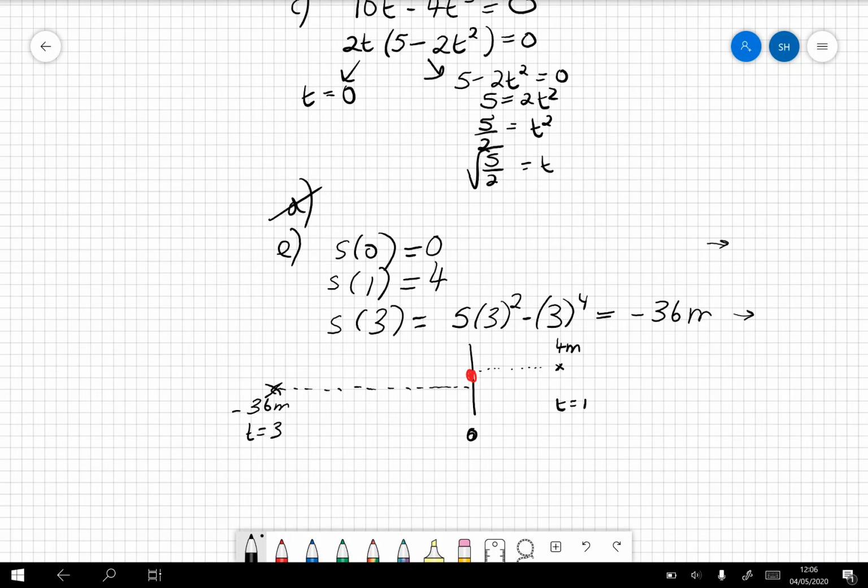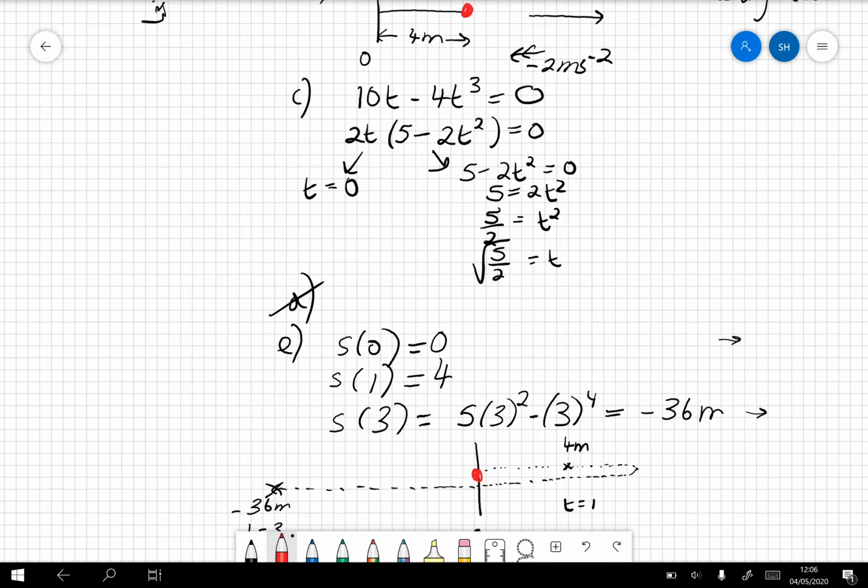And what I really need to think about is how far the particle went before it turns around. Then I'll know how far I've gone overall. That might seem like a lot of work, but we actually already know when it turns around. That is what we did in this question. Because if it reaches a velocity of 0, that means it must turn.